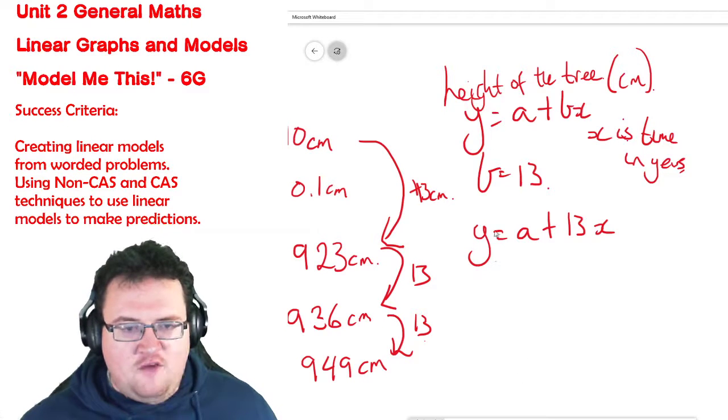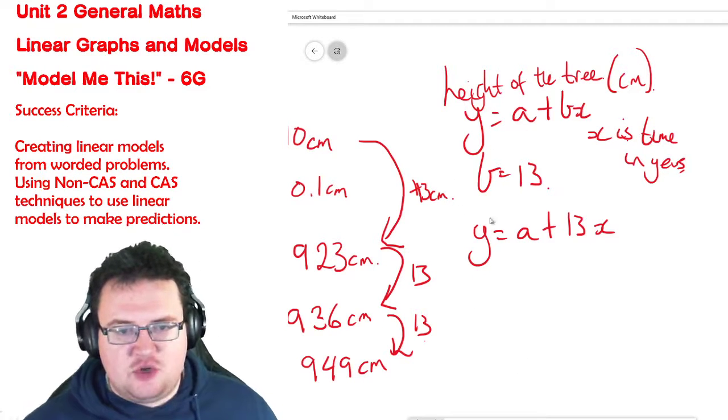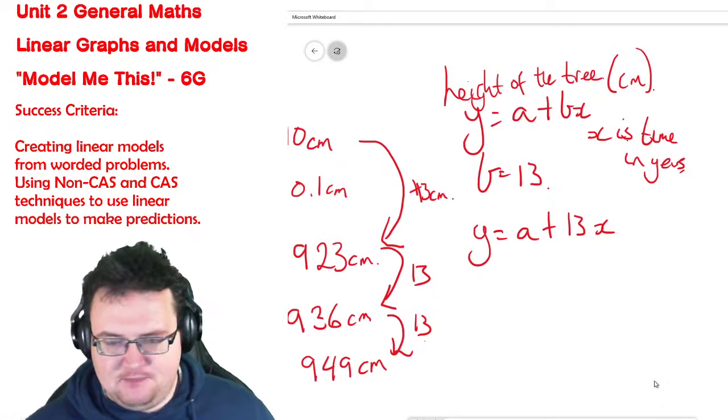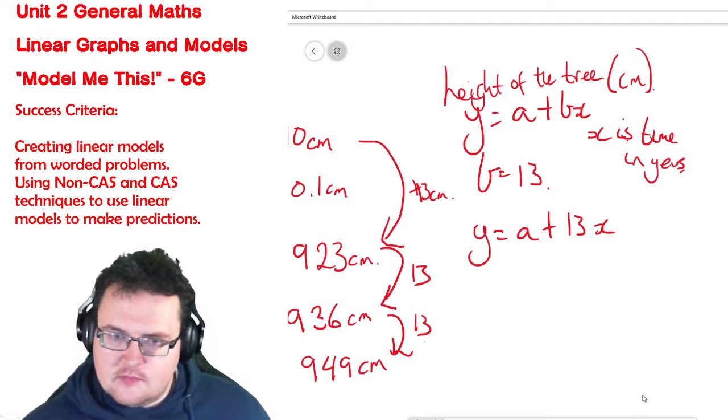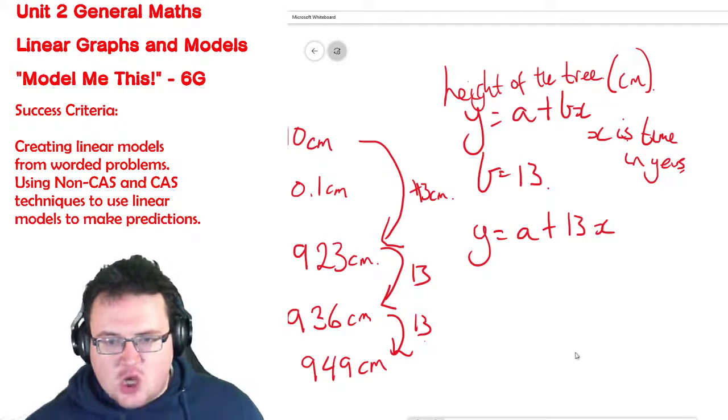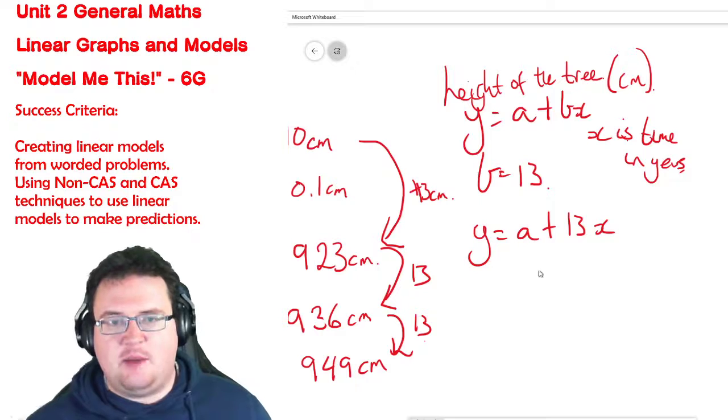So I now have y, the height of the tree, is equal to a plus 13 times the number of years. 13 times the number of years is how much it's grown.